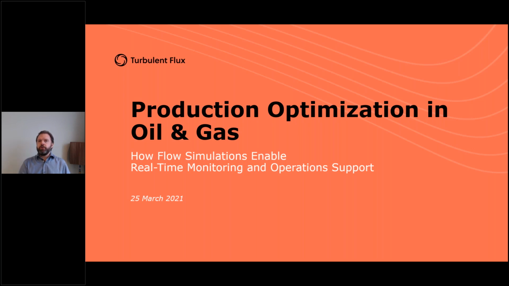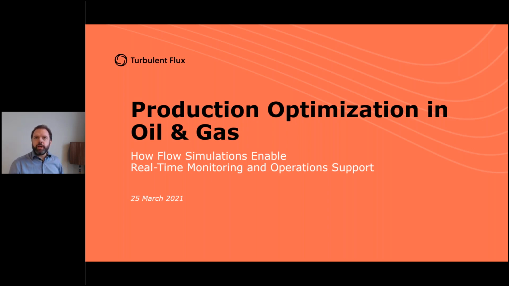And of course, even though we are focusing on production, optimization and flow simulations as such are very versatile tools. So in terms of that, I will introduce this in the setting of those components. If we start out looking at optimization as such, it's a very versatile tool that you can use to achieve any goals that you set for yourselves.